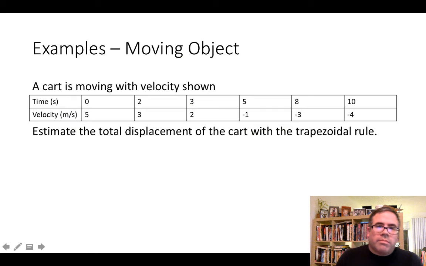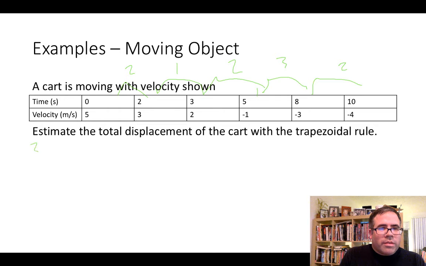All right, let's look at this. Again, the example from last time. But now we're going to approximate with the trapezoidal rule. So this is 2, 1, 2, 3, and then 2.